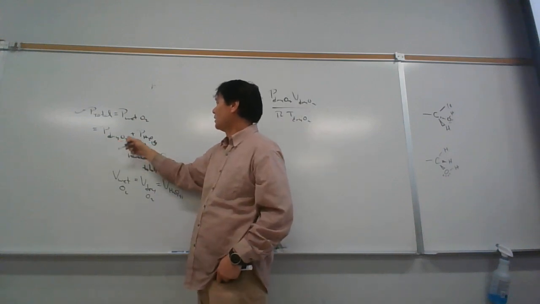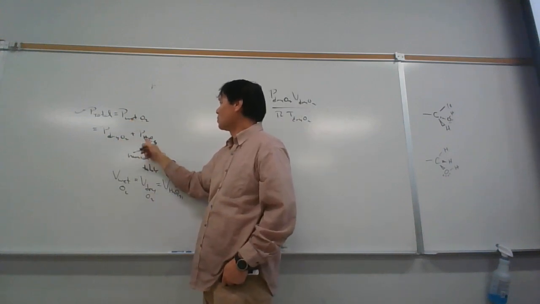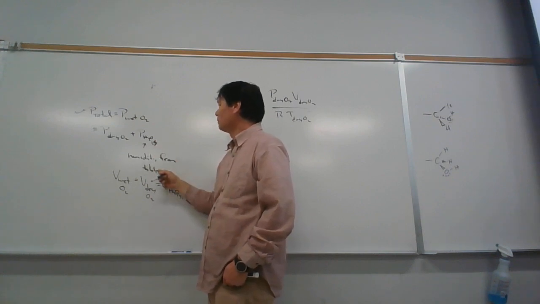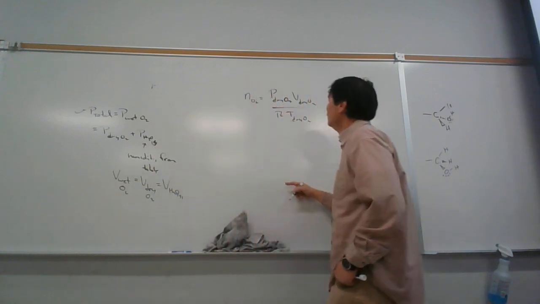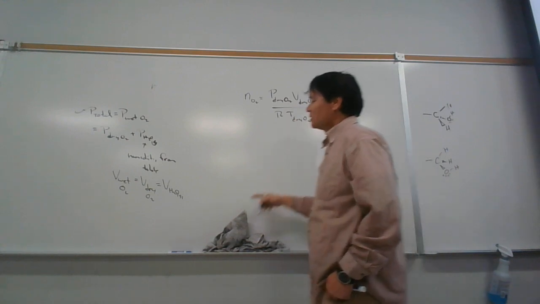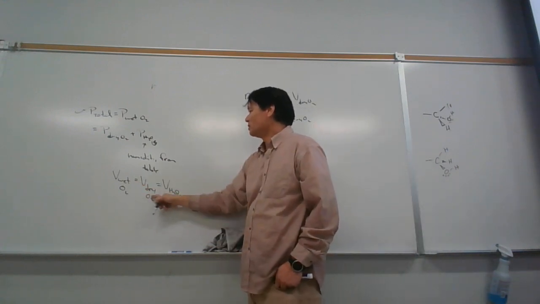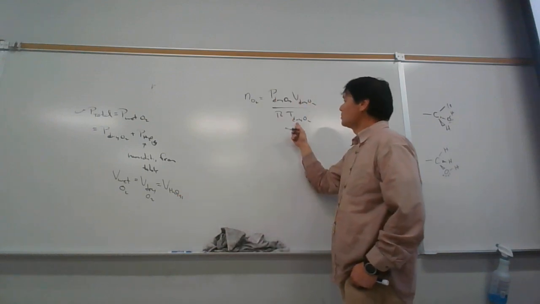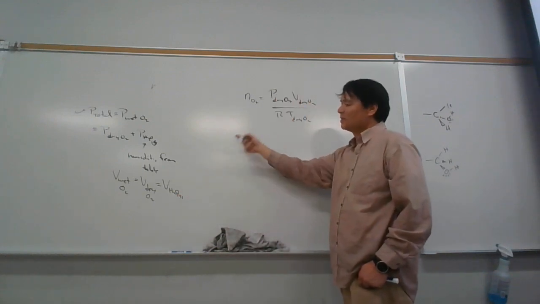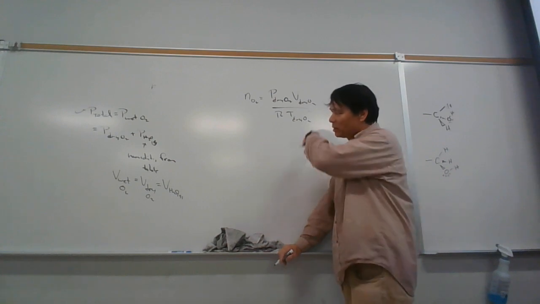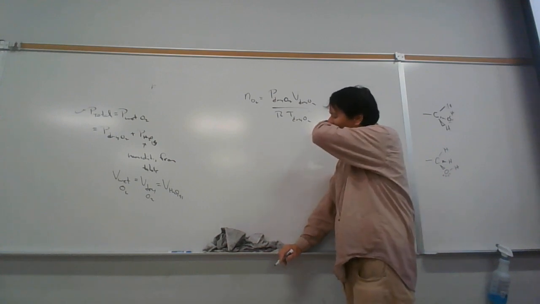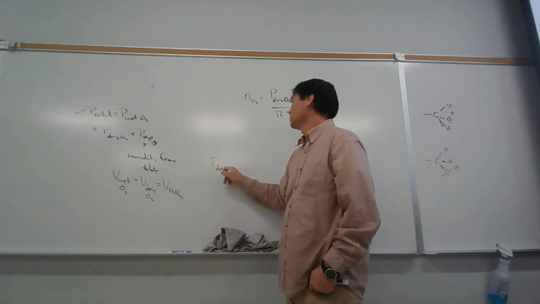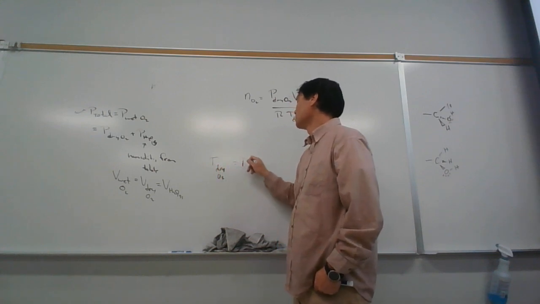We take the pressure of the wet oxygen and subtract the pressure of the humidity of the water vapor, and we get the pressure of the dry oxygen. The volume of the dry oxygen is the same as the volume of the wet oxygen, so we just measure the volume of the wet oxygen. And the temperature of the dry oxygen is going to be the same as the temperature of the wet oxygen.